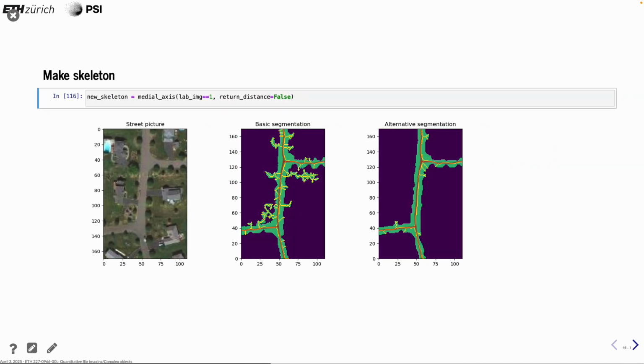Looking at the skeletons that were generated from the basic segmentation we did first, and this one, we see that this was actually a much better approach to do the skeletonization. And yeah, again, the reason why I kept this one was to make it possible to show the whole node analysis and pruning approaches. But in a real application, you would rather go for something like this.